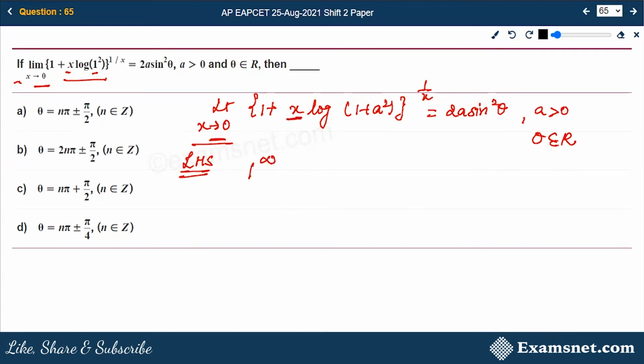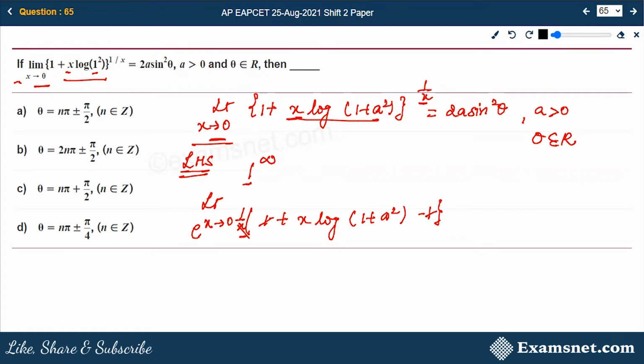See, x will be 0. So this whole term will evaluate to be 0. It will be 1 raised to power 1 upon 0, which is infinity. So we can write the limit as x approaches 0, 1 by x, 1 plus x log 1 plus a square minus 1. So this 1 and 1 will get cancelled, and then this x and this x will get cancelled.